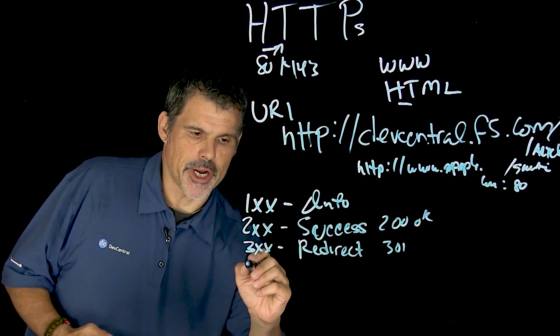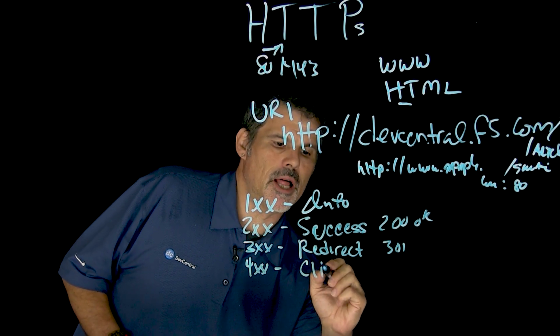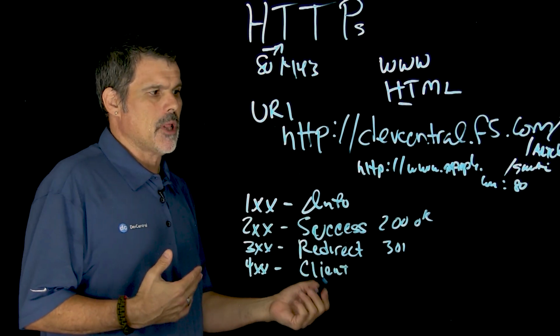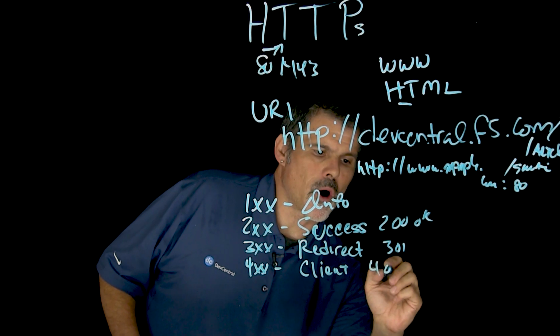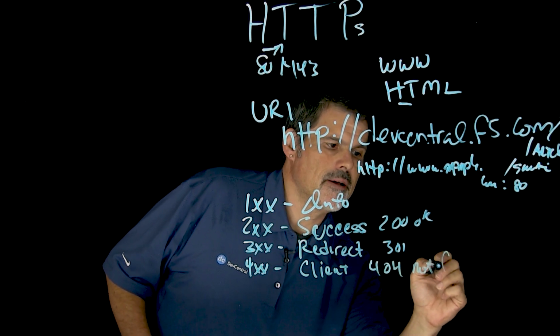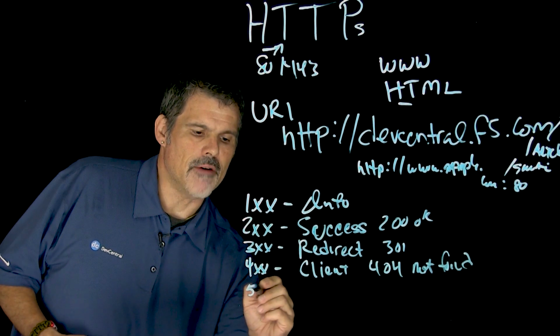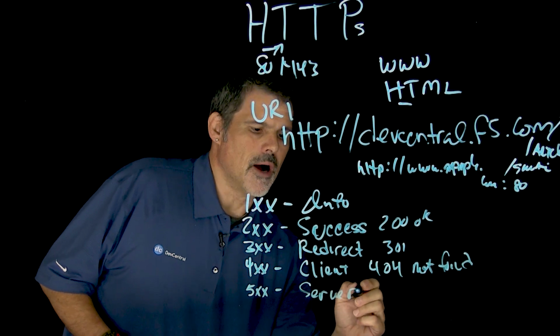There are 400 level status codes, and those would be client status codes, whether it's client errors or just straight up client error codes. You might have heard of the 404, not found. And then finally, the 500 level codes are server error codes.